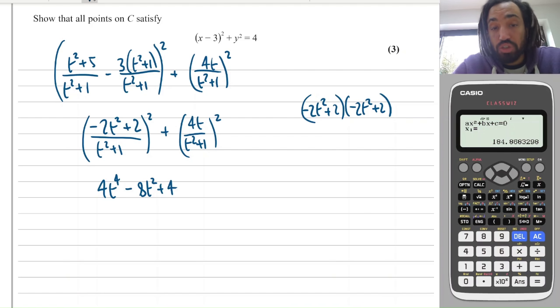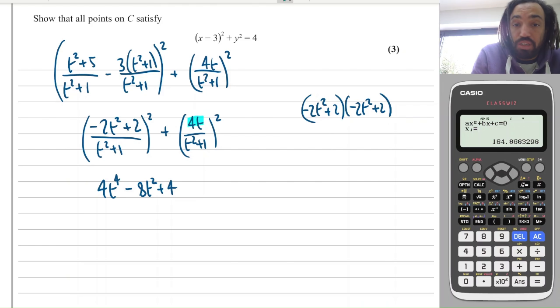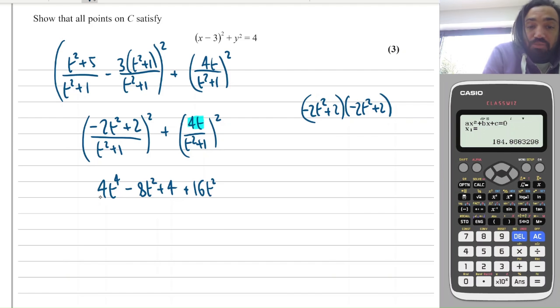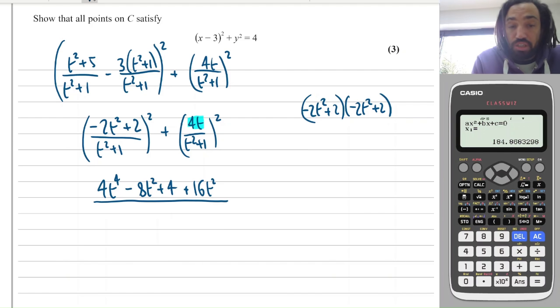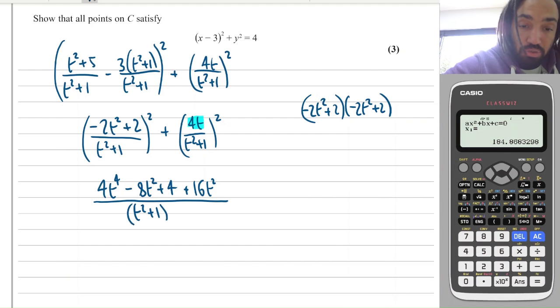And when I square the top of the right term, I'm going to get 16t squared. So let's add that on, 16t squared. And then when I square the denominators, that's just going to be t squared plus 1 all squared.